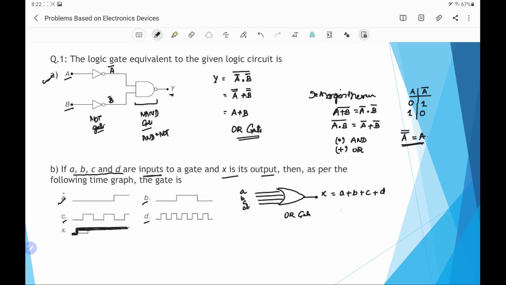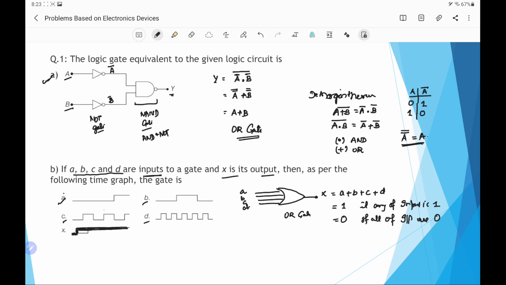Because plus refers to the OR gate. Here X will be 1 if any of the inputs is 1, that is high, and it will be 0 if all of the inputs are 0, that is low.